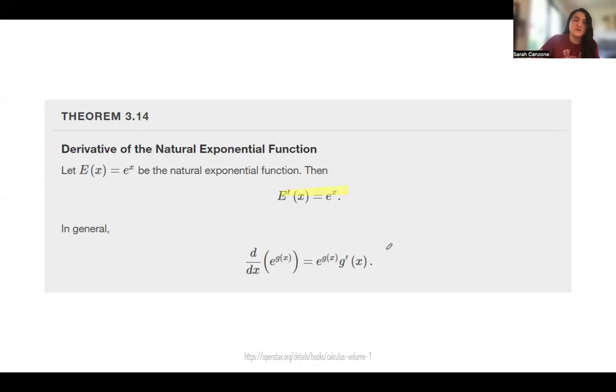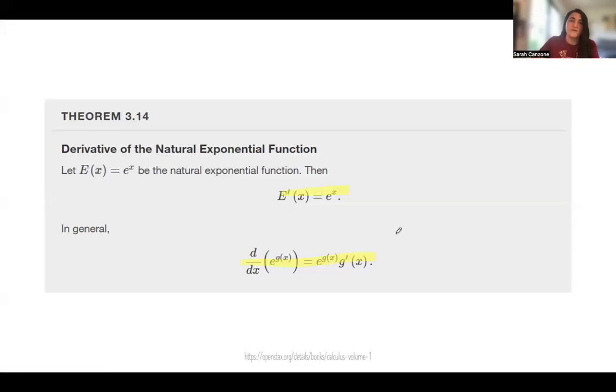This is the first definition, but I more so care about this one right here. It says if you have e to the g of x, where g of x is something other than just plain old x, then your derivative is going to be some form of chain rule. So you keep e to the g of x. This is similar to trig.